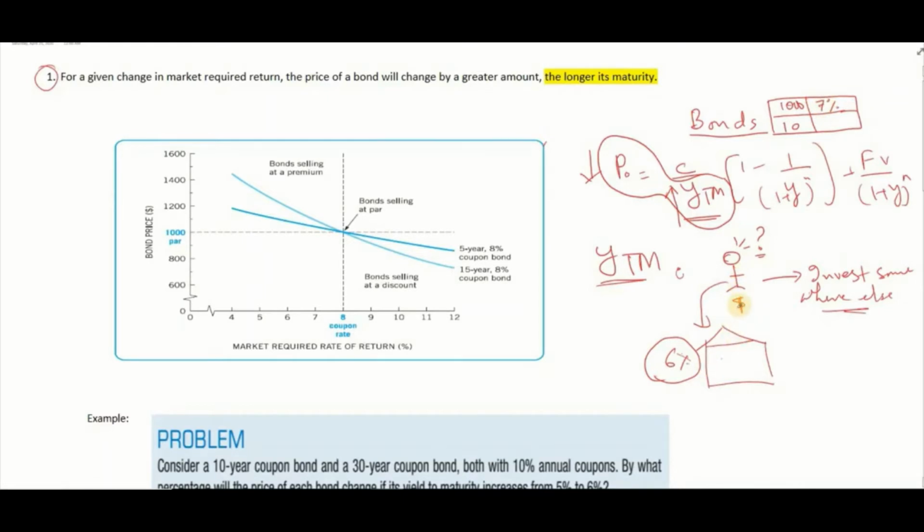Okay, so if you put your money in the bank for 10 years, this is one option, right? And you will keep getting 6% as a return. But if you invest your money in the bond, you are going to get a 7% coupon payment.